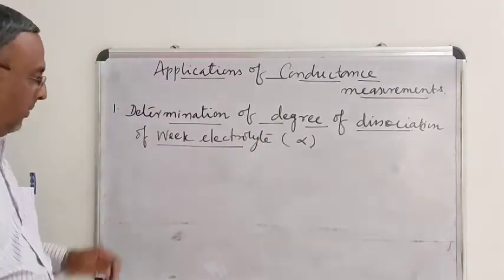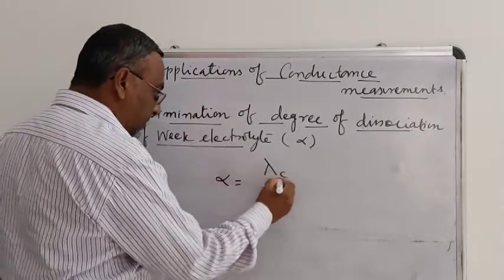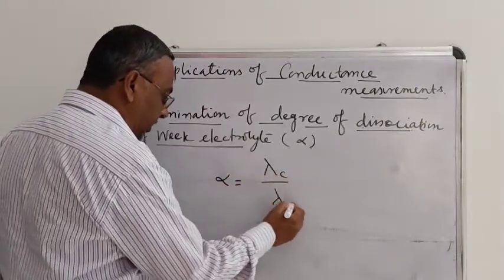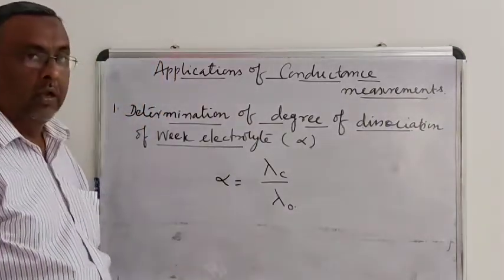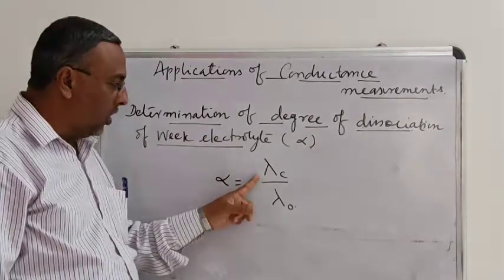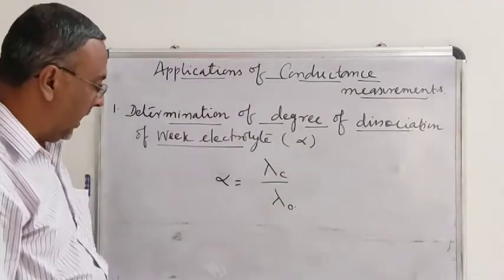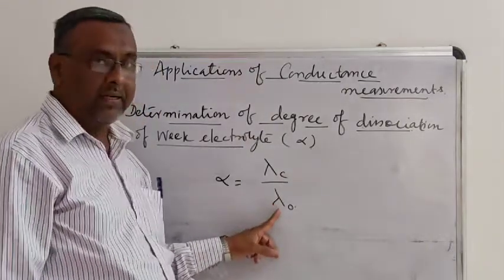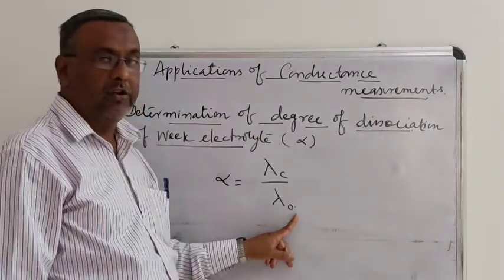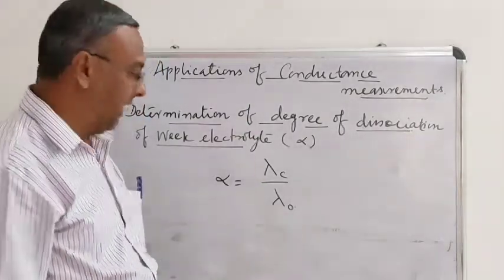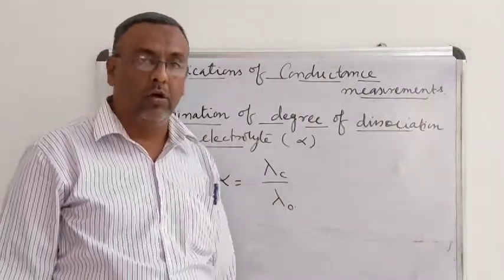We know the formula: degree of dissociation equals lambda C divided by lambda 0. Lambda C is the equivalent conductance of a given weak electrolyte at a given concentration, and lambda 0 is the equivalent conductance of a weak electrolyte at infinite dilution or at zero concentration. The value of lambda 0 is known.